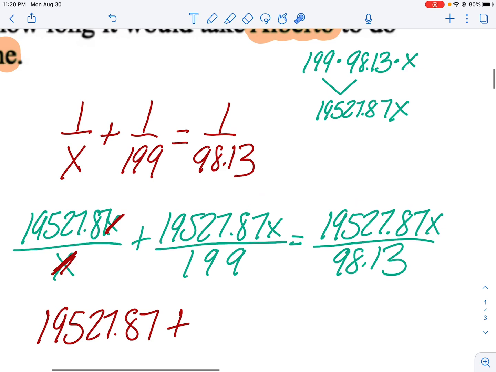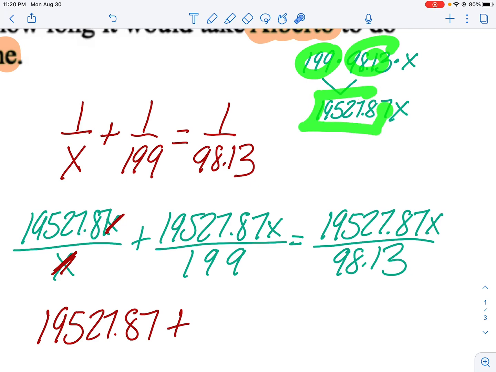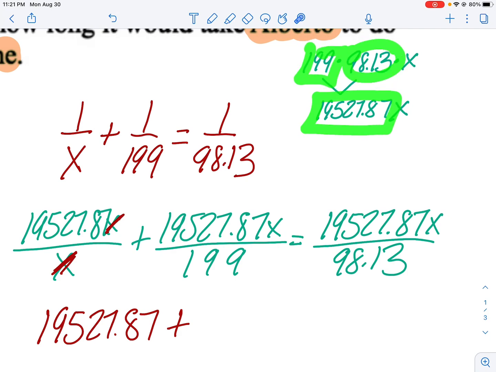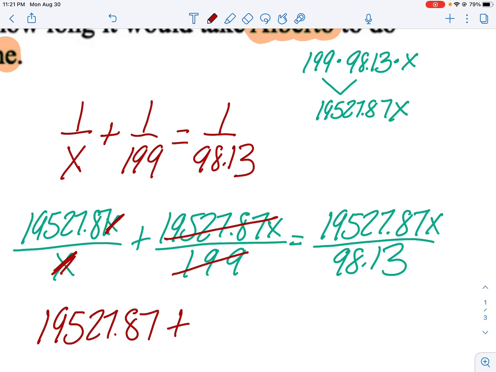If we remember, these two numbers multiplied to give us this one. So going backwards, this divided by 199 equals 98.13. Now I can't forget the x. The x comes down.